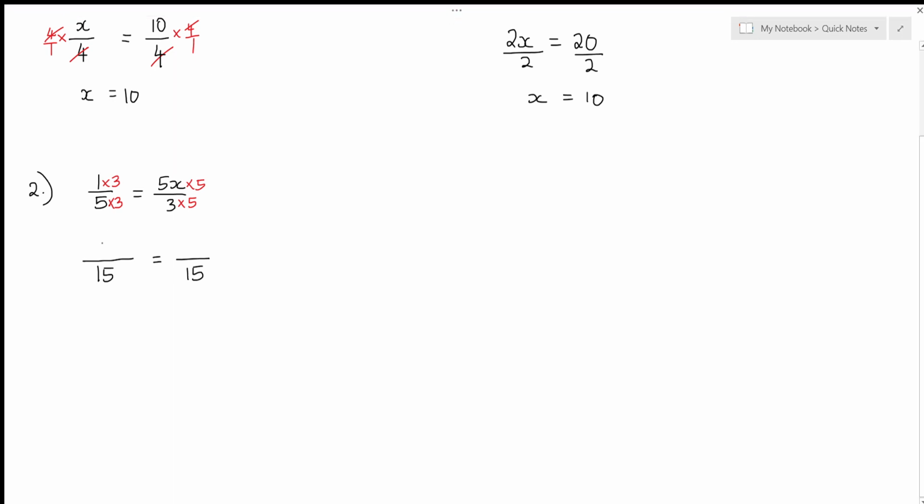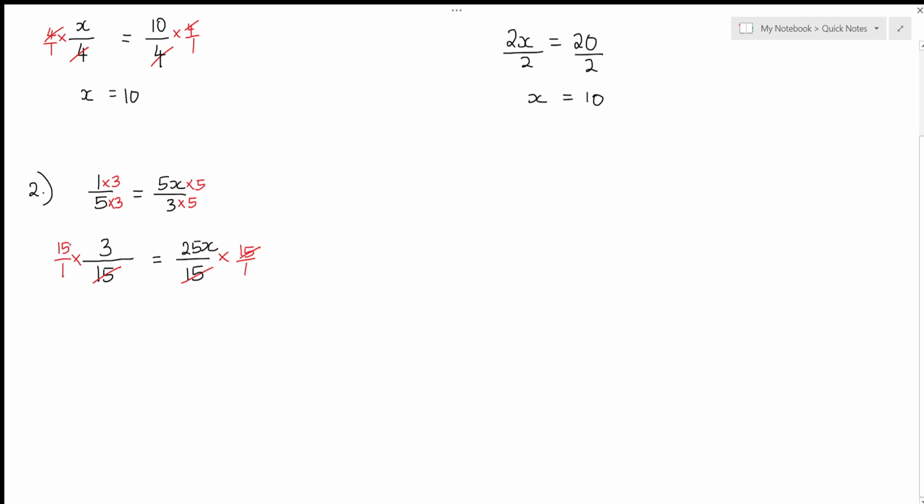Okay, now let's multiply them out. 1 times 3 is 3. 5x times 5 is 25x. And so we are going to get rid of our fraction. Here we're going to multiply by 15 over 1, and on the right hand side, we're going to multiply by 15 over 1.